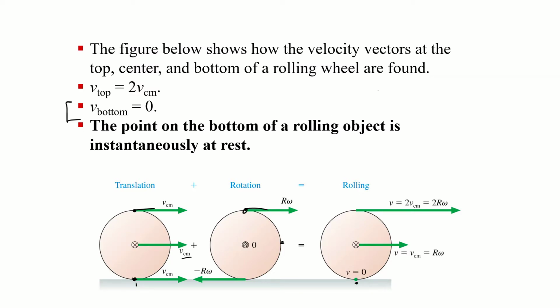And if we look at the formula we derived on the last page, we have the velocity of the center of mass plus r_i omega. In this case, that r is just the radius of the wheel, so this ends up being the velocity of the center of mass plus the radius of the wheel times omega.